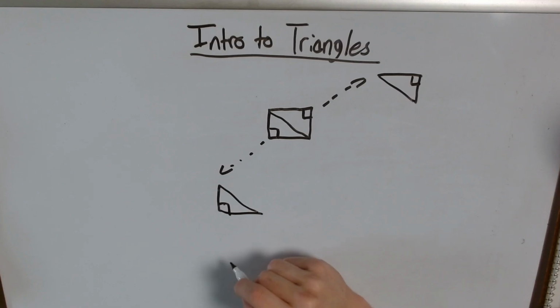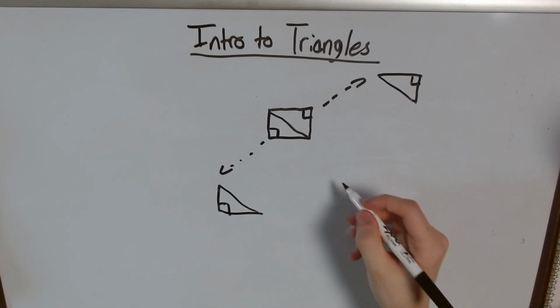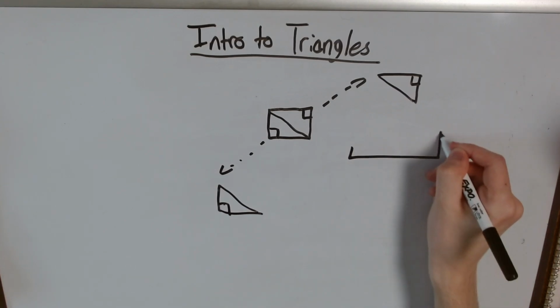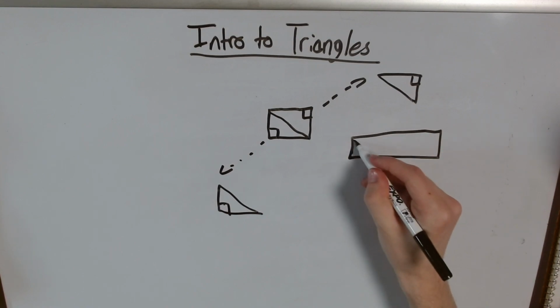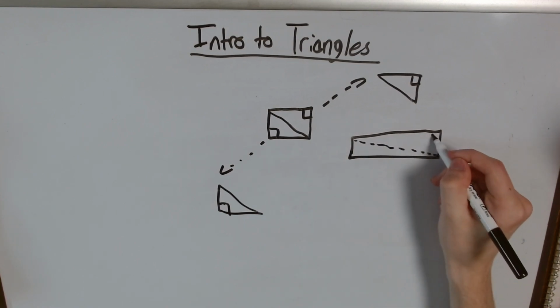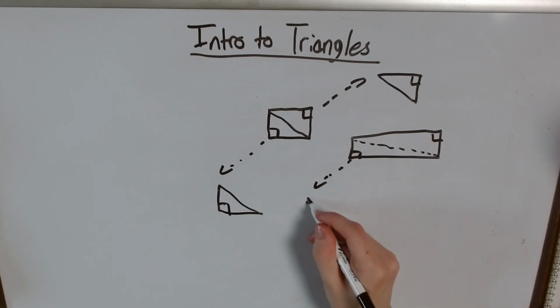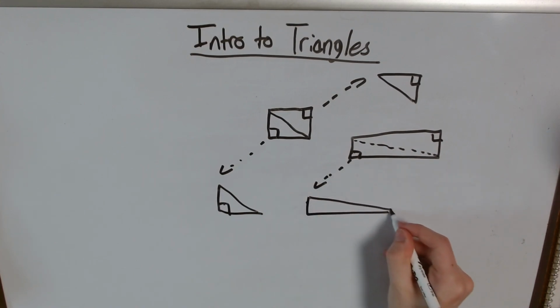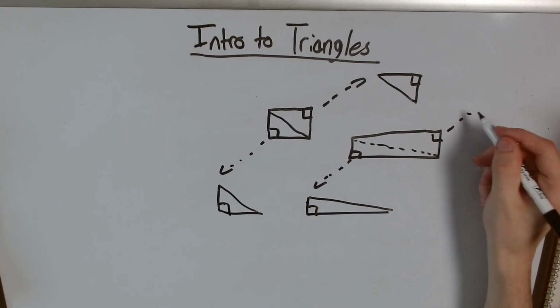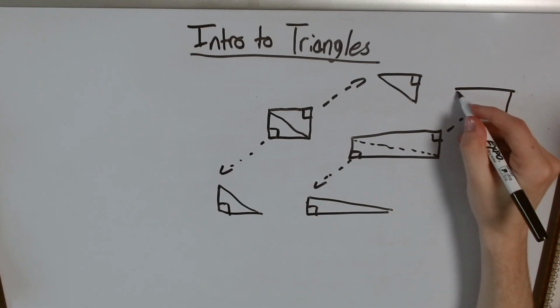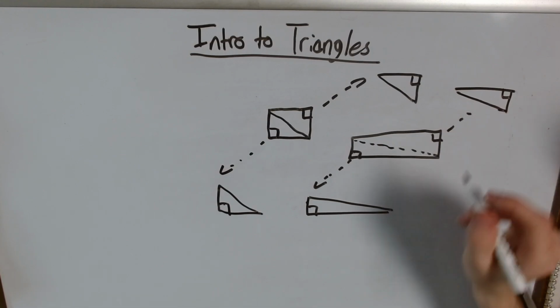I do. And we might say, okay, well, that's just for a square. What about a rectangle? Well, for a rectangle, we see the same thing. If I were to separate this out, I have two right triangles.